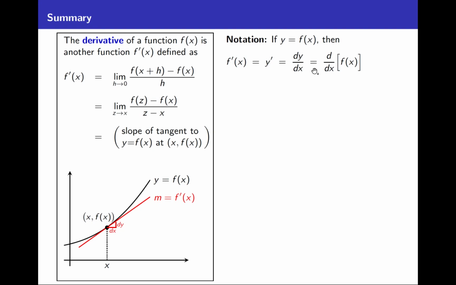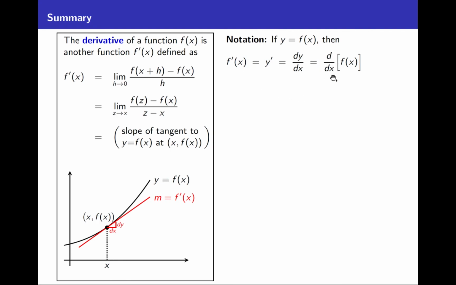Another notation that's going to play a big role for us is the following. If dy dx is the derivative and y is f of x, then you could think about this as being d f of x dx. We read this as d dx of f of x. And that's just another notational package that stands for f prime of x.